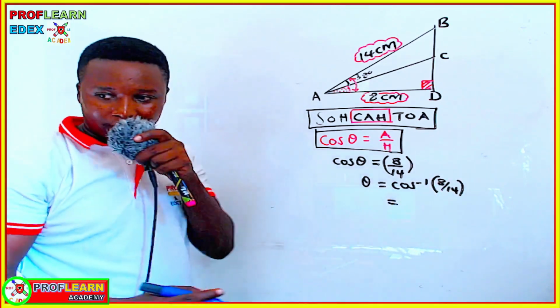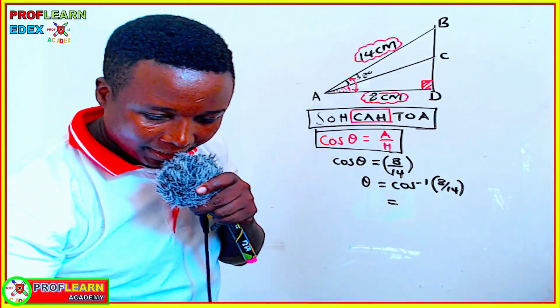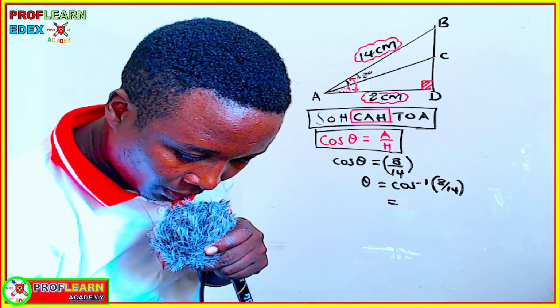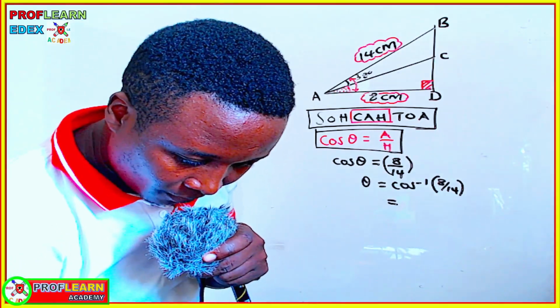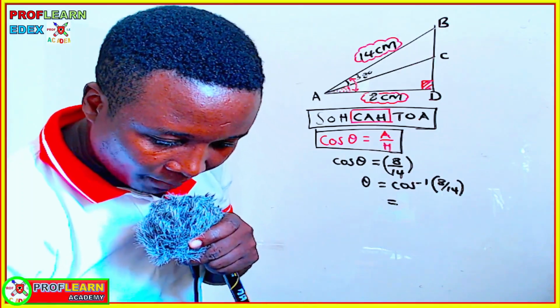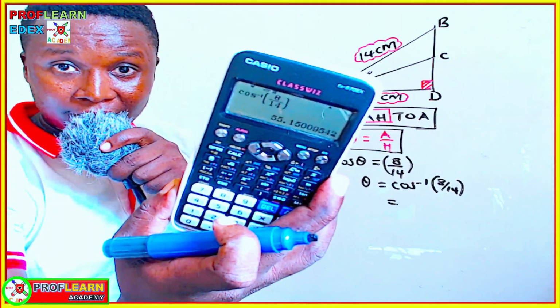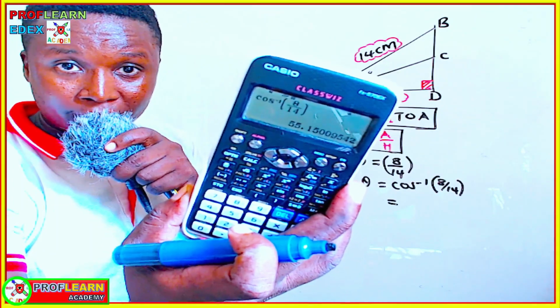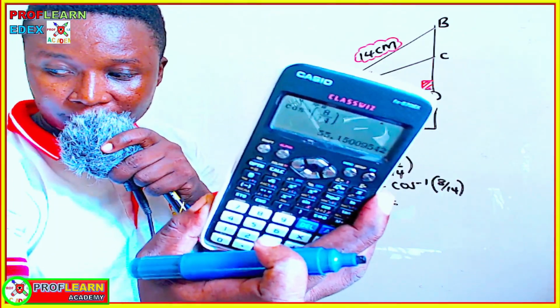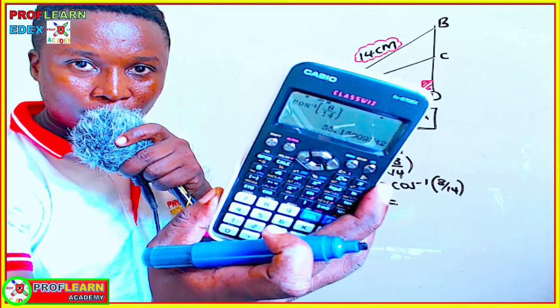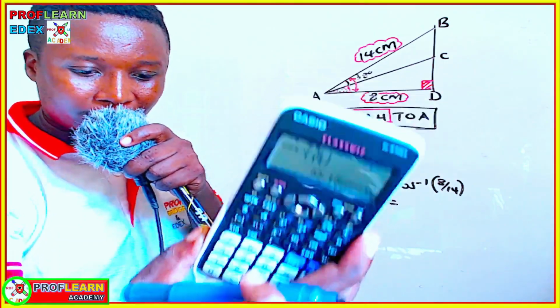I'll use my calculator and say shift cos 8 over 14, and if I work this out, I'm getting 55.15, which is equivalent to 55.2 degrees.